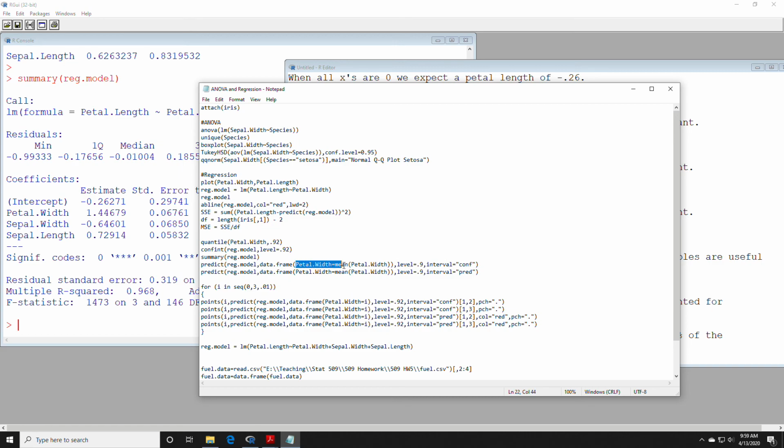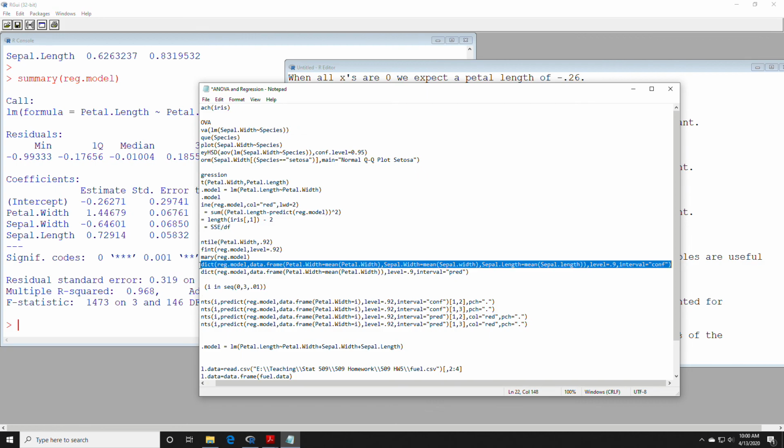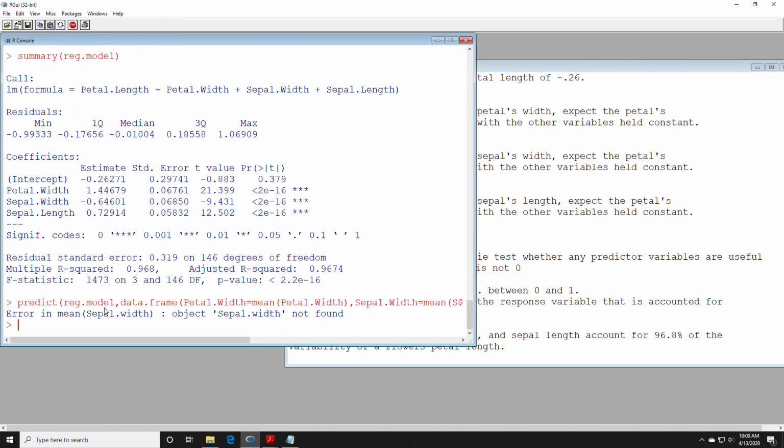So all you would have to do is put a comma, like comma sepal.width is equal to, I'll just put mean, sepal.length. Oops, it's case sensitive.